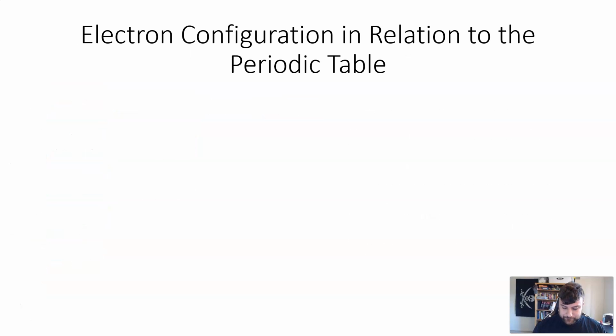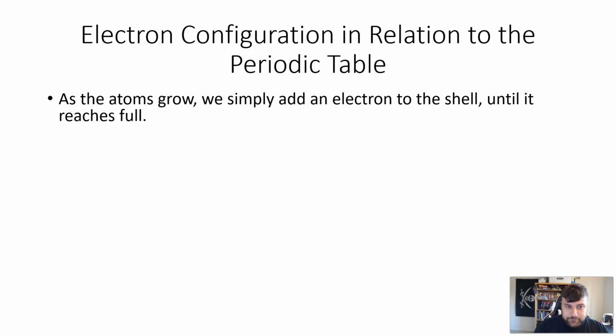So moving on then. We've talked about the rules of electron configuration. Now, I want to talk about the configuration in relation to the periodic table. In short, as atoms grow, as they get bigger and bigger, we simply add an electron to the shell.